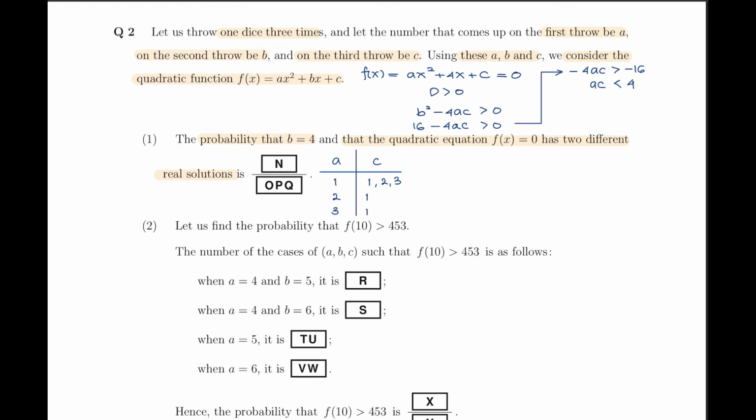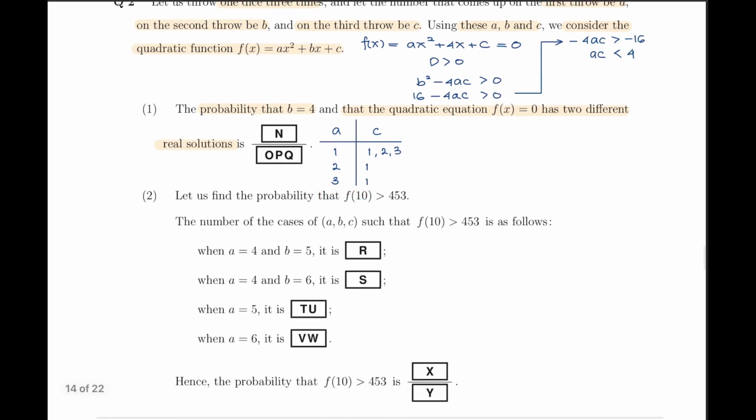If A equals 3, then C is 1. C cannot be 2 because 3 times 2 is not less than 4. These are our cases. And then B must be 4. So if I put one more column here, this is B. B must be 4.